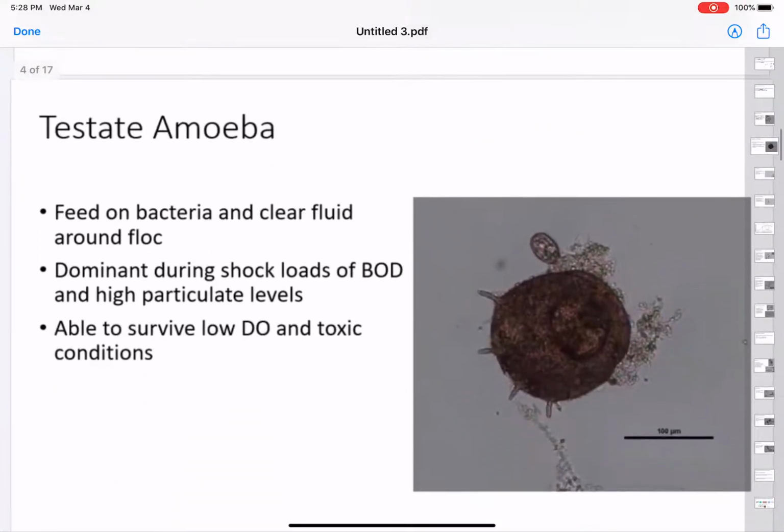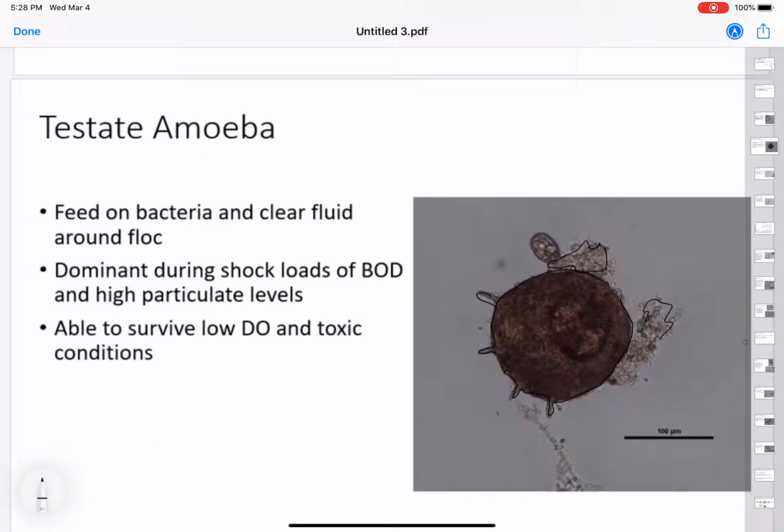Okay, there is something also found in wastewater called testate amoeba. The testate amoeba, you can see it like this, the solid part is the test. It looks different. The other one was clear; this one you can see is solid. And you can see this is a floc.